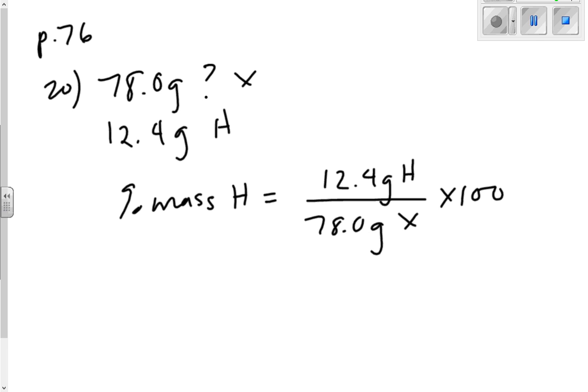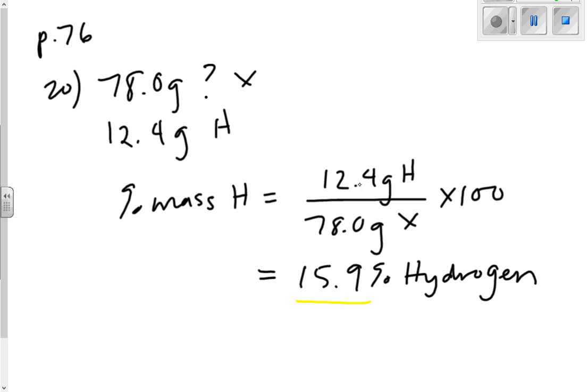And we calculate that 12.4 divided by 78 times 100 is going to give us 15.9% hydrogen. And remember, you want to round it to 3 significant figures because that's the least precise measurement we have in our equation. All right, we'll do one more for practice if you want to follow along.